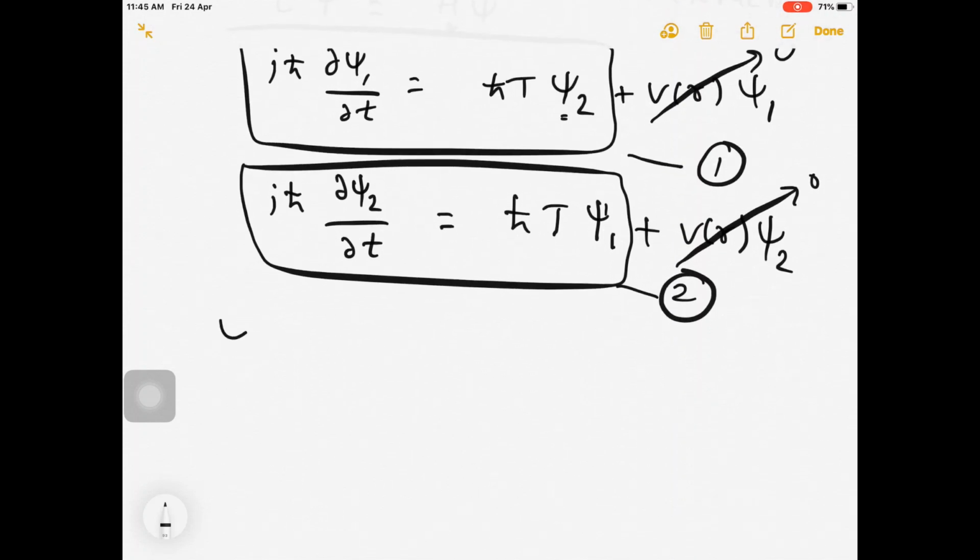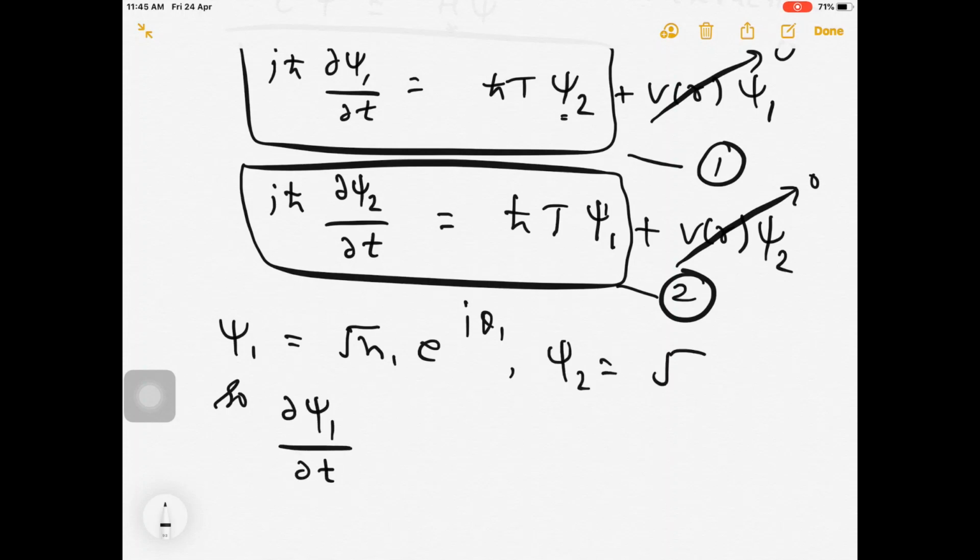Now we have the values of psi 1 and psi 2, and psi 1 equals under root n1 exponential iota theta 1. So del psi 1 divided by del t equals 1 by 2 n1 to the power minus half del n1 by del t, plus n1 to the power half iota del theta 1 by del t exponential iota theta 1.